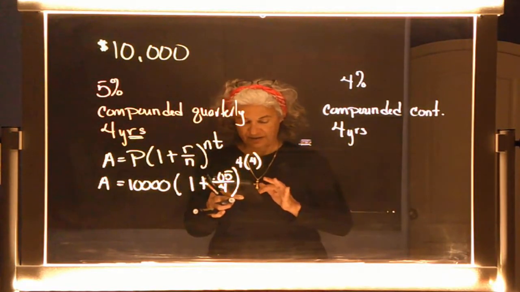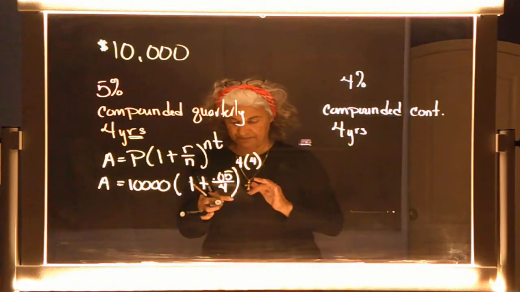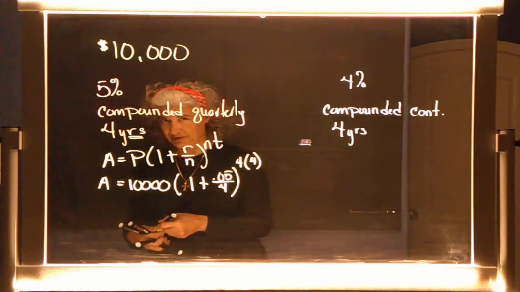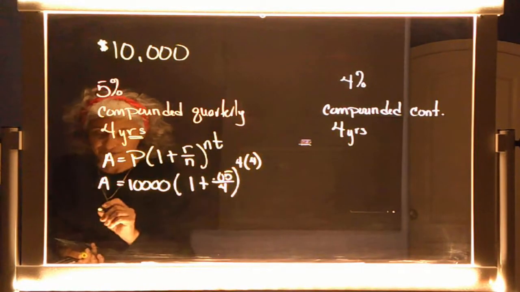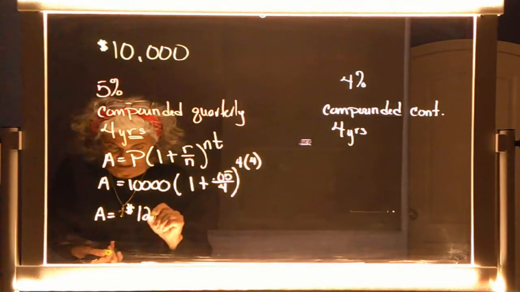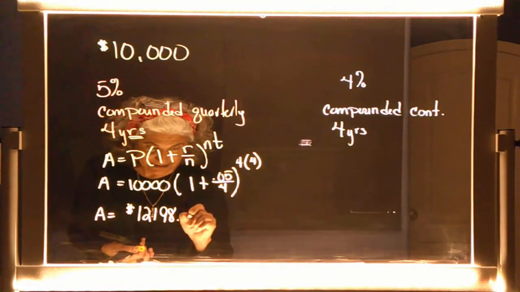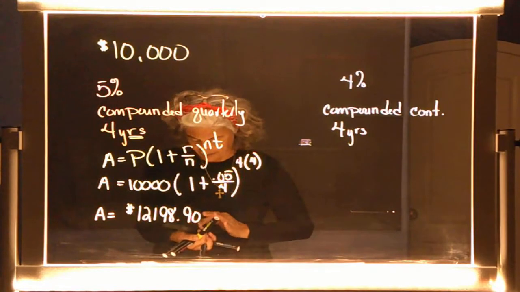You guys okay? Let's see. Now, do I really need to tell you how many decimal places to round? I hope not, because we're talking about money, right? So, I ended up with $12,198.90.